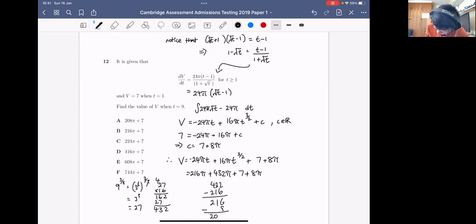That's 208. Is that right? It looks right. Here's 208.